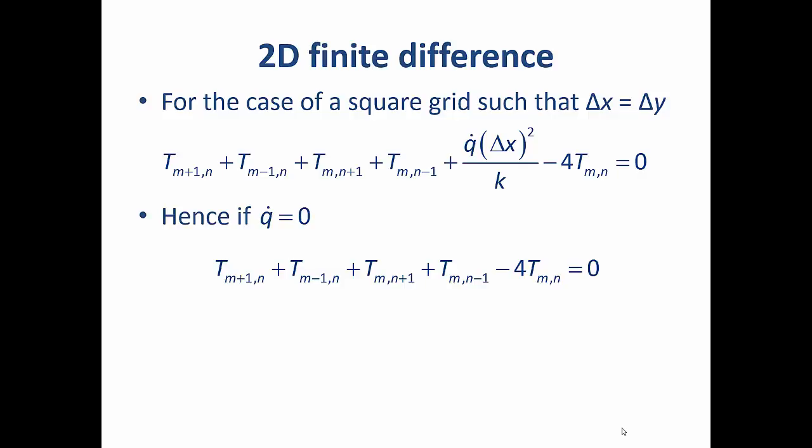This means that if q dot equals 0, I have a simple equation that relates the temperature of a given node, m n, to the temperatures of the 4 surrounding nodes, m plus 1 n, m minus 1 n, m n plus 1, and m n minus 1. And the sum of those temperatures minus 4 times the temperature of the node m n equals 0.